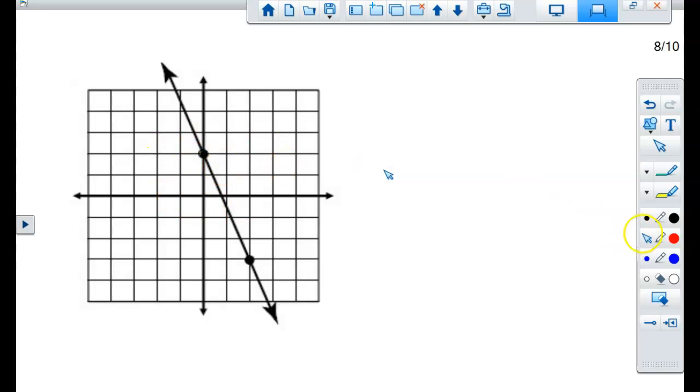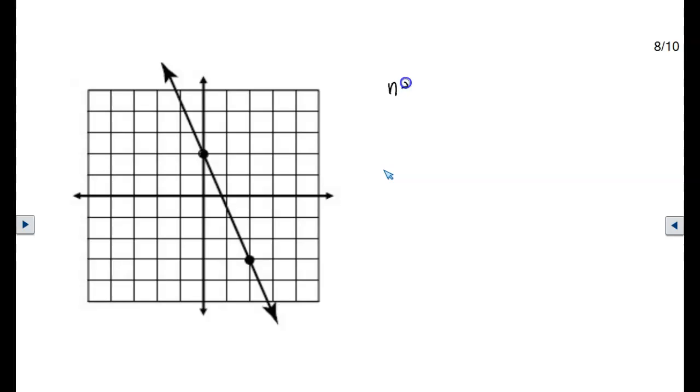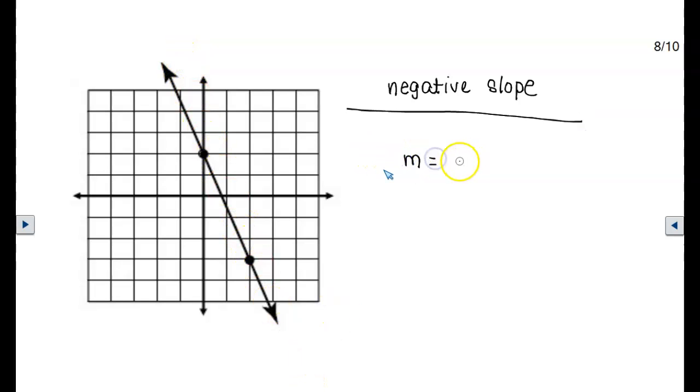All right, when I look at this next example, the first thing I can see is I know that this line should have a negative slope. And how do I know that? Well, I know that because this line is headed downhill.